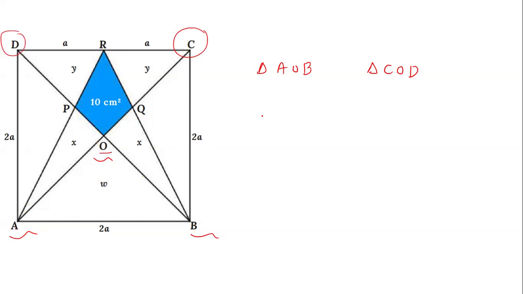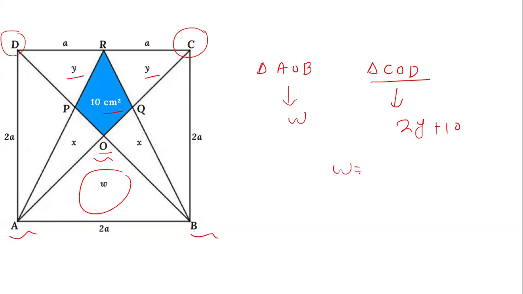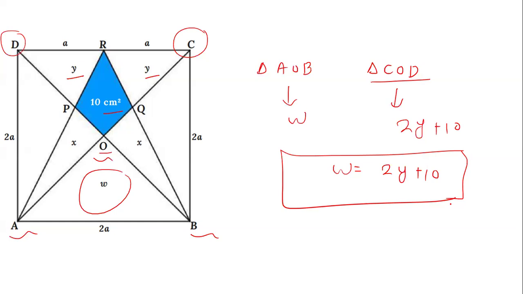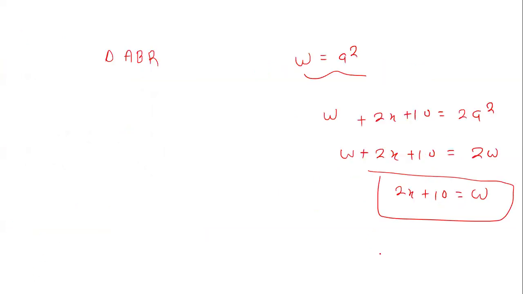So both triangles are similar types. So this W area, which is the area of the triangle AOB, is the same as the area of the triangle COD, which is this y plus this 10, which is 2y plus 10. So we get one more relation: W is equal to 2y plus 10.